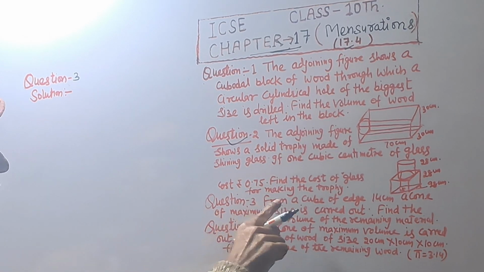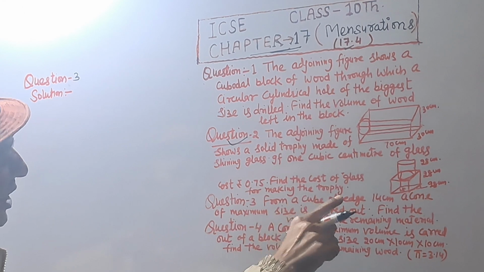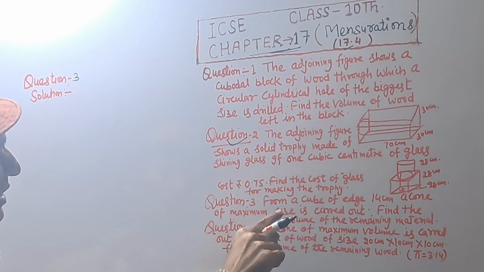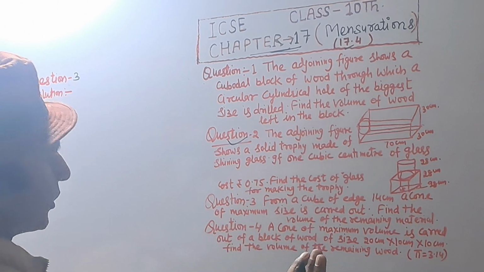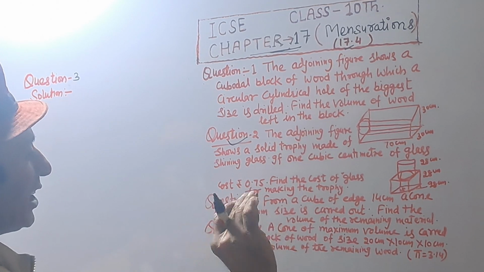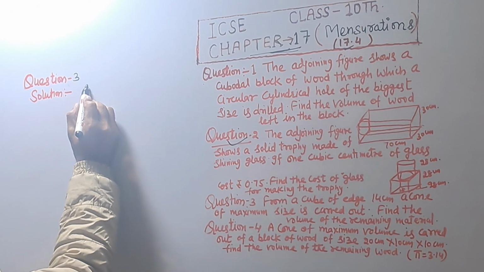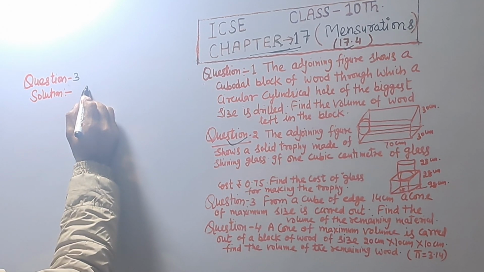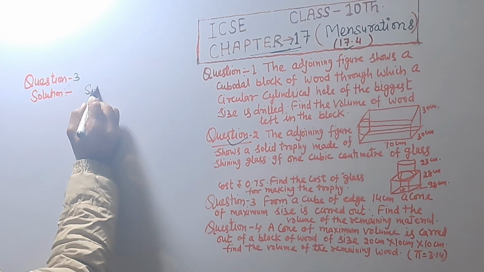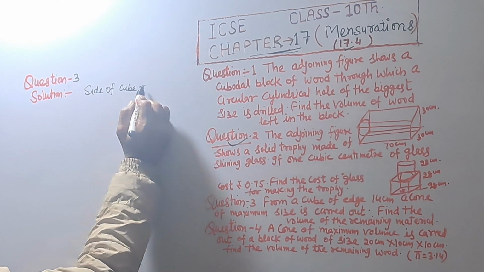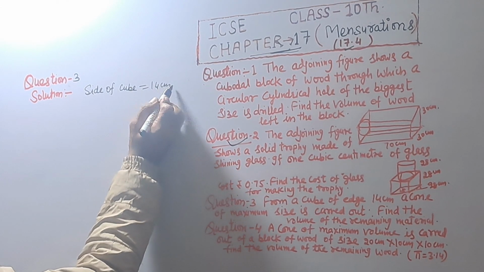Question number 3. From a cube of side 14 centimeter, a cone of maximum size is carved out. Find the volume of the remaining material. Side of cube is equal to 14 centimeter.